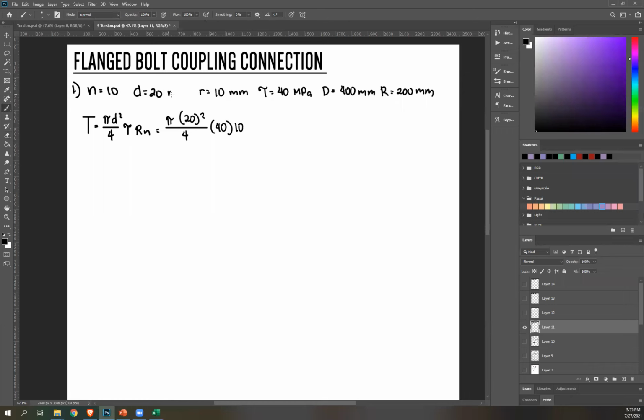Okay. So that was just the 400. So pi d squared over 4 times 40 times R. Capital R is the radius of your row, concentric row, or in short, distance of bolt to center. That's capital R. So that's 200. And the number of bolts is 10. Please compute. What's the answer?